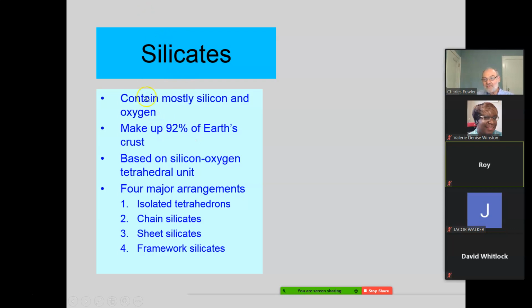Now, what are these? These are the silicon oxygen tetrahedral units. Like I said before, basically what you have is one silicon in the middle and 4 oxygen equally placed around it. Now, that doesn't make a square. That's not right. 3-dimensionally equally placed around it. That's a tetrahedral structure.